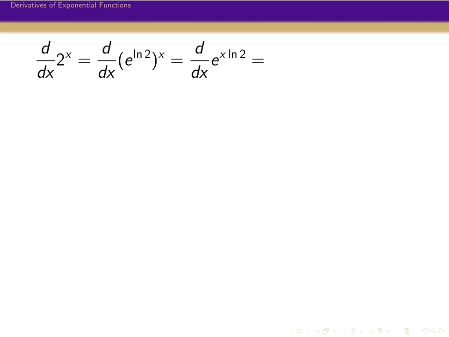Okay, so this natural log of 2 right here, this is a constant. So inside our exponent is x times a constant, and it's raised all to the power e. To work out this derivative, I'm going to think about it as x times natural log of 2 plugged into e to the x. Okay, so to work out the derivative, we're going to be using the chain rule. Our outside function is e to the x.